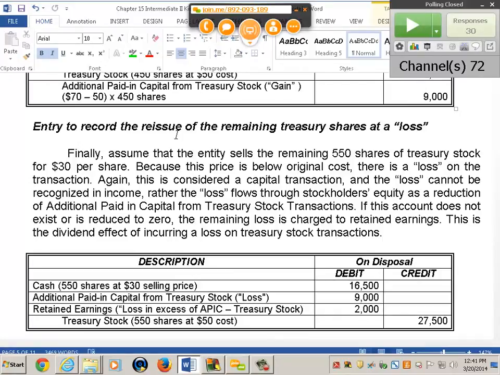The cost is 27.5. It's 550 shares times 50, or of course the balance that's here. So there's your balance, 27.5. And in this case, there is a loss, and that loss is 11,000.